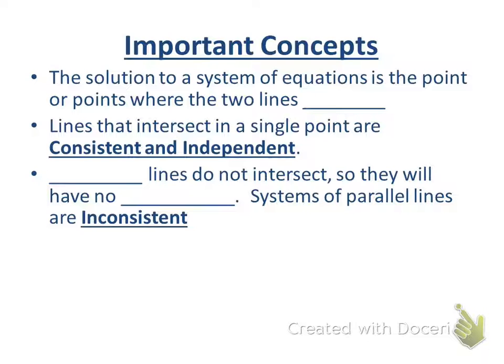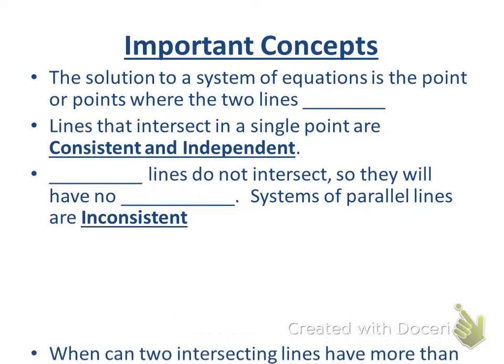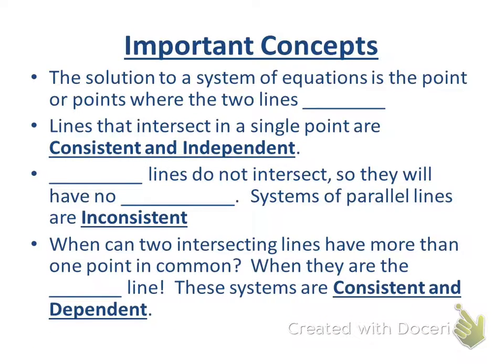And the other scenario was they intersect everywhere, right? They're the same line. If a system of equations consists of 2 lines that are the same line, then these systems are classified as consistent and dependent. They're dependent on each other.